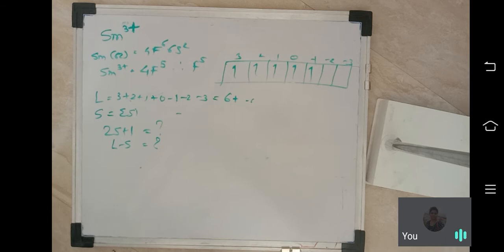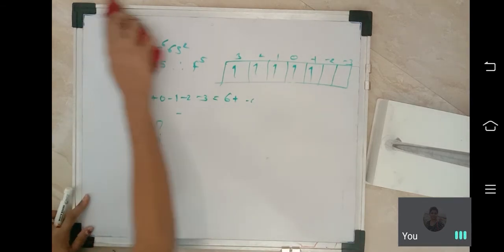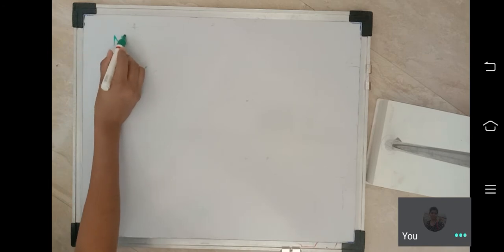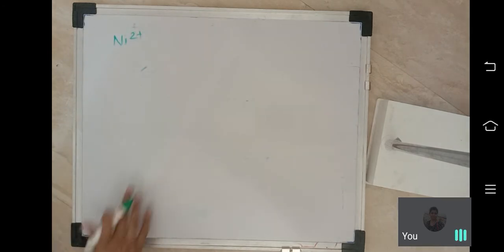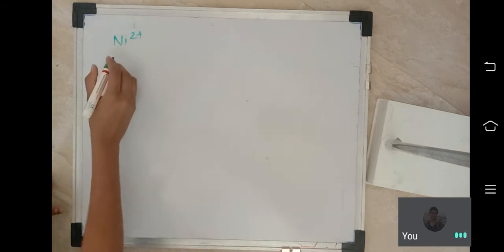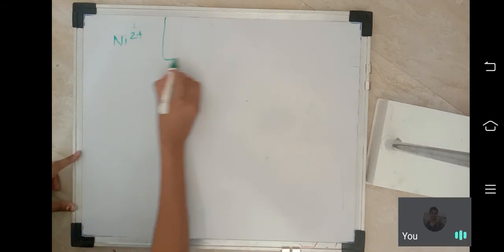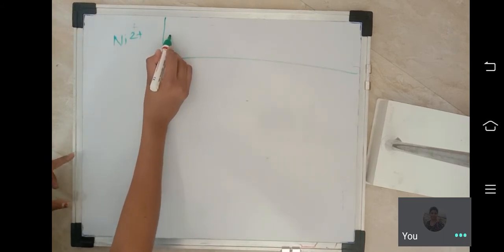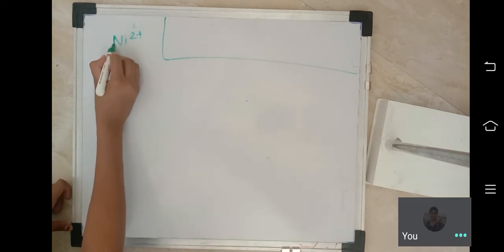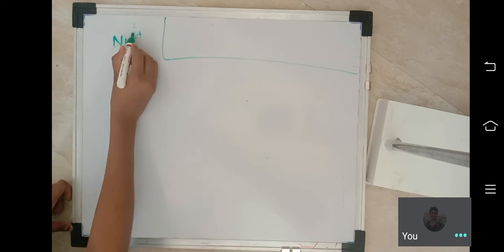Now we see the next ion, Ni2 plus, that means nickel. See here very carefully. Again I write the series. Just 2 minutes. Nickel 2 plus.